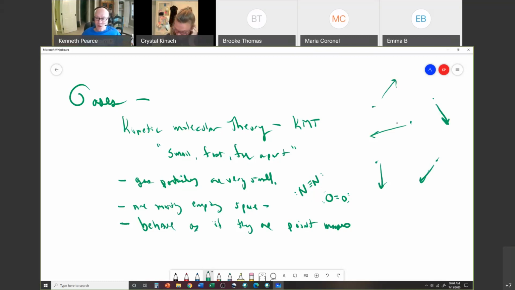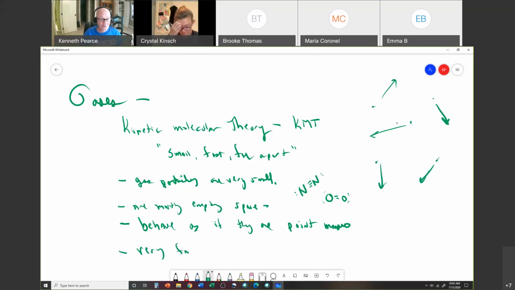They're just flying around like they don't see each other, like they're little points. A point means that they have no volume, so they're volumeless points. That's what it means to be a point mass. That's going to be important later, because this is an ideal gas I'm describing here, as versus a real gas.